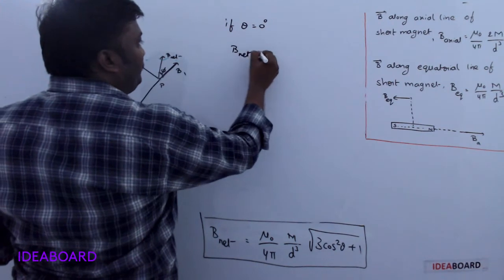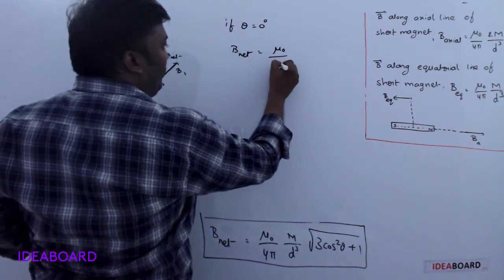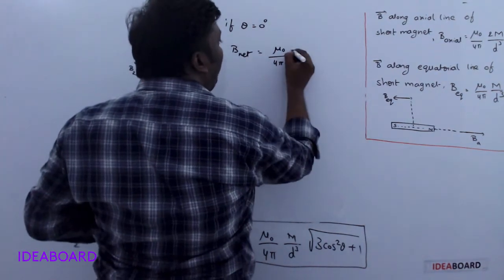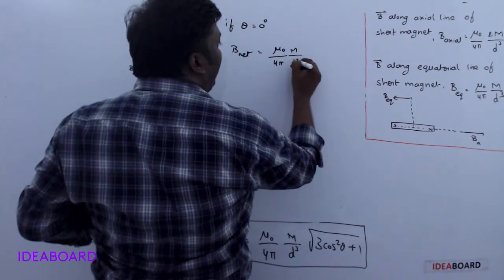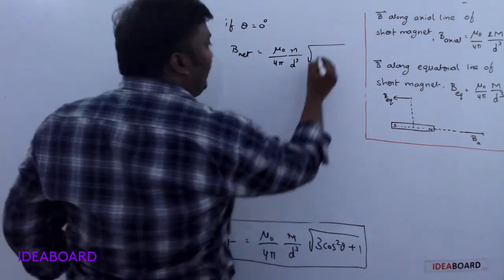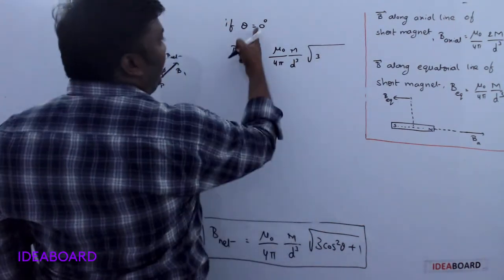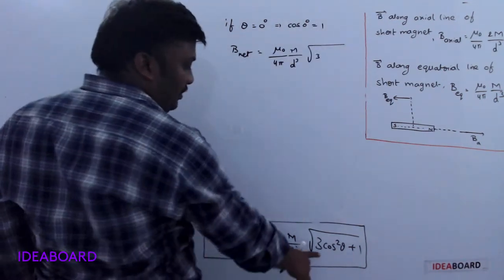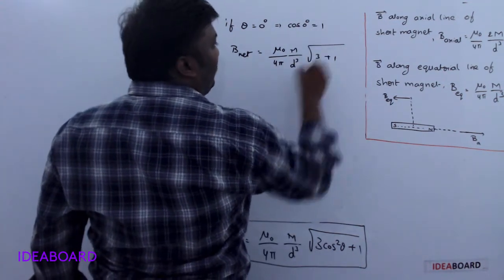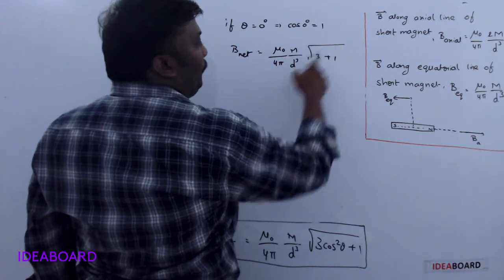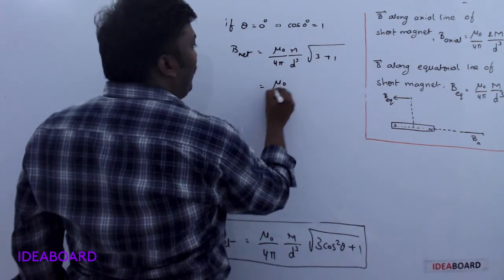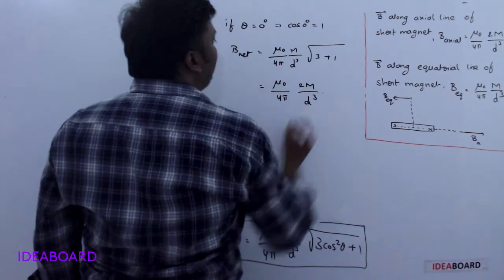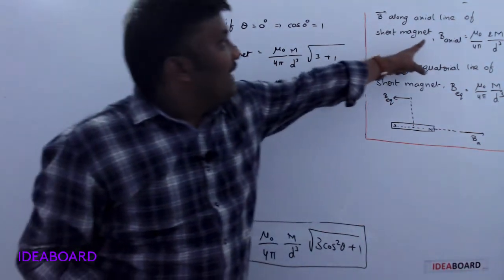B net value is mu naught by 4 pi m by d cube into under root 3 cos square theta. Theta 0 means cos 0 value is 1, so 3 into 1 is 3, plus 1 is 4, under root 4 means 2. So mu naught by 4 pi into 2m by d cube, coming or not? This is similar to the axial line value.